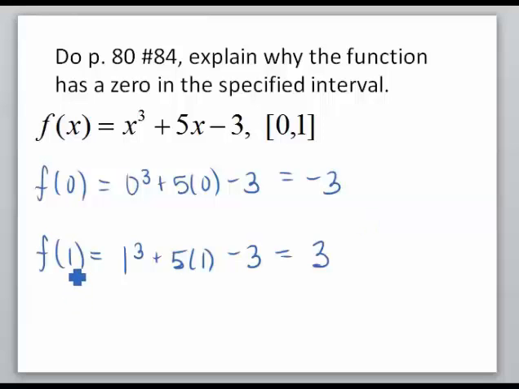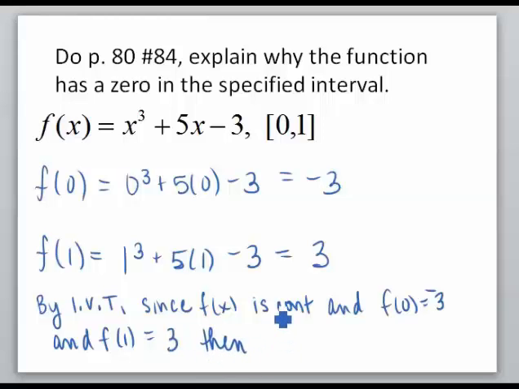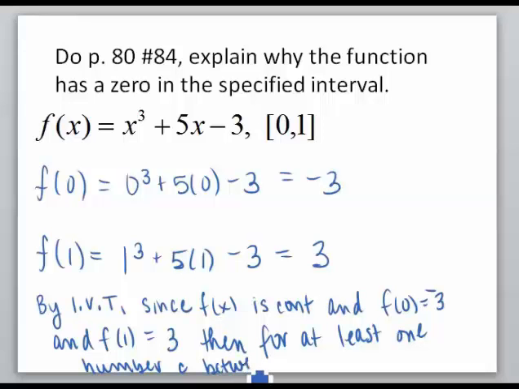So we'll say that by the intermediate value theorem, since f of x is continuous, we know it's continuous because it's a polynomial, and f of 0 equals negative 3, and f of 1 equals 3, so f of a is equal to negative 3, and f of b is equal to 3, then for at least one number c between 0 and 1, f of c equals 0.